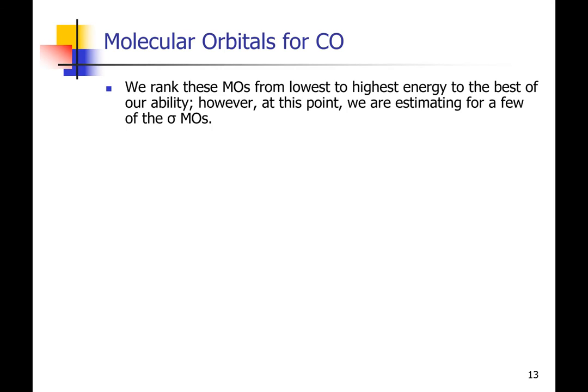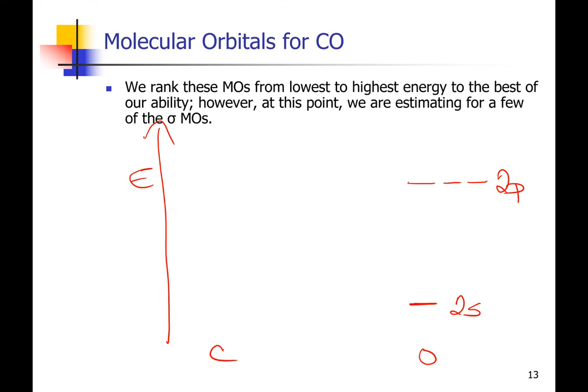So from there, I take my molecular orbitals that I've built and I do my best to guesstimate a reasonable set of energies. So I had my energy scale here, and I had my carbon, and I had my oxygen, and I know I had a relatively low energy 2s for oxygen down here, and then the 2p was more up here. And if I look at my original diagram, the 2s for carbon was below the 2p.